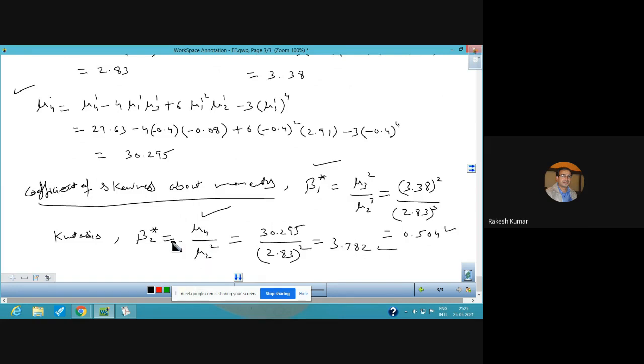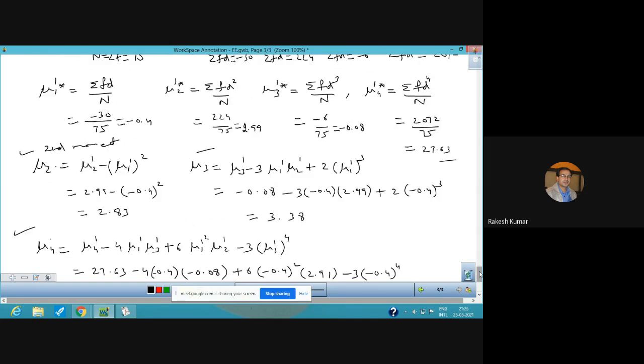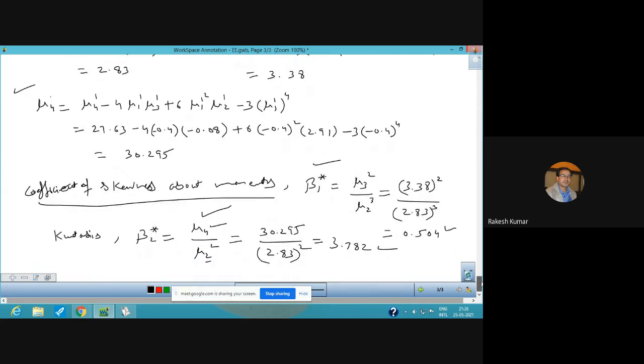In the moments, we need second moment, we need fourth moment. So in this question, we have been able to compute the moments, the second moment, third moment, and the fourth moment. And also we have been able to calculate the coefficient of skewness about moments and the kurtosis.